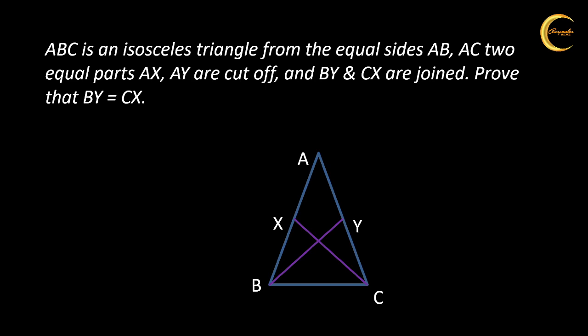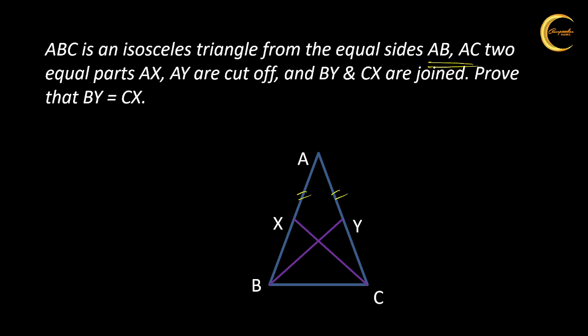Now let's start this problem. This ABC is an isosceles triangle. Isosceles triangle means these two sides, this AB and AC, are equal. And this AX and AY are cut off, and these are equal parts.